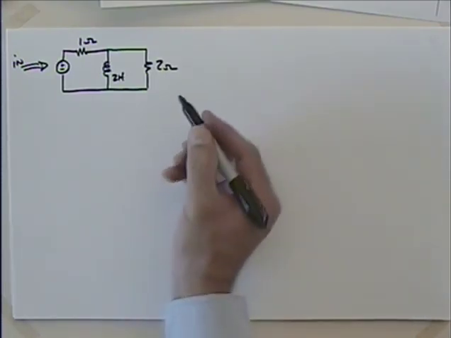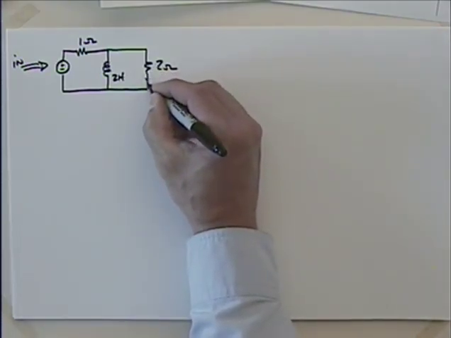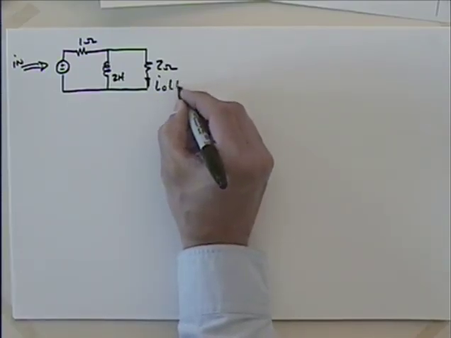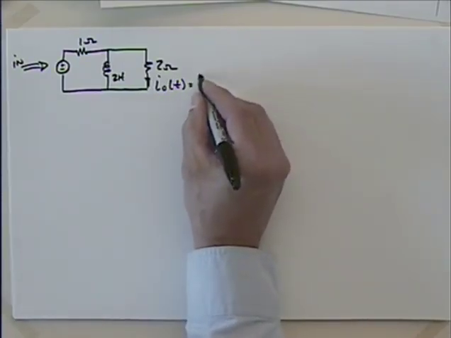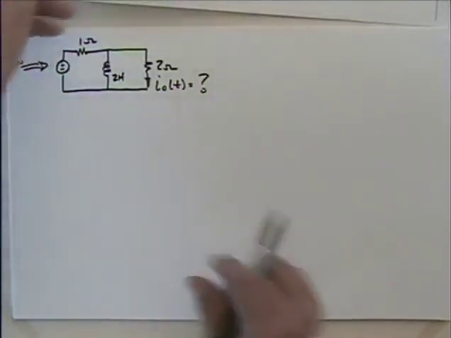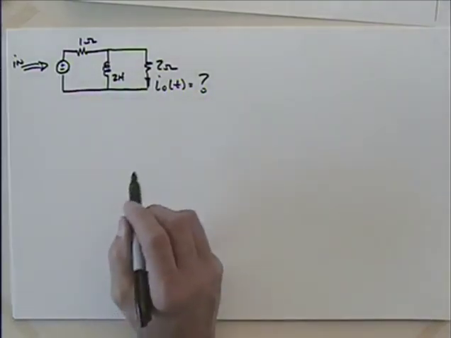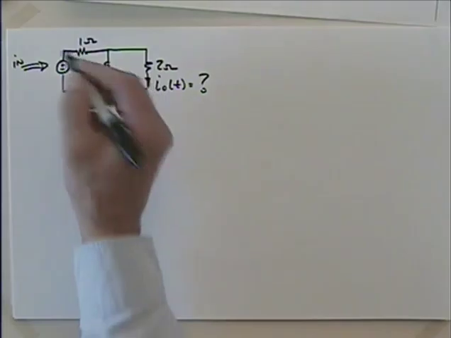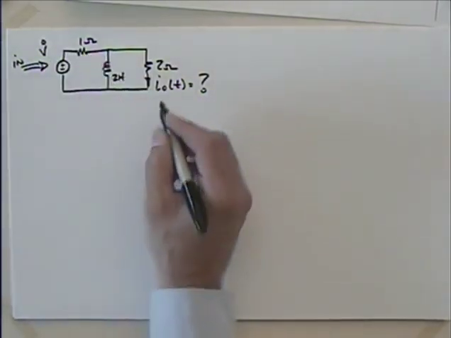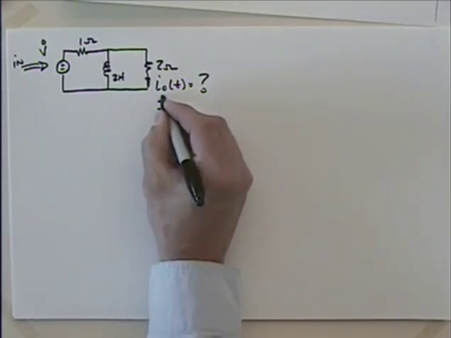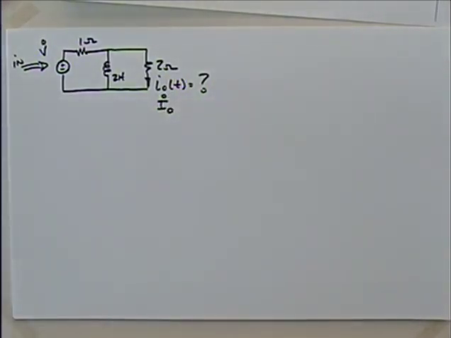What I'd like to do is come up with the expression for this, which in the homework problem is I naught of t. So we're putting the value that we just found in as our input, and we're trying to come up with that I. If I write this in as some phasor voltage V, and this I as I naught in phasor form, let's see if we can get that.